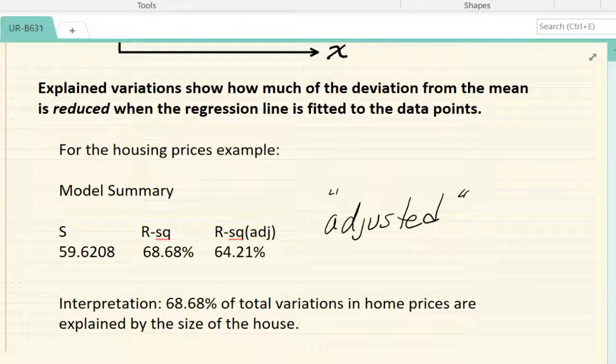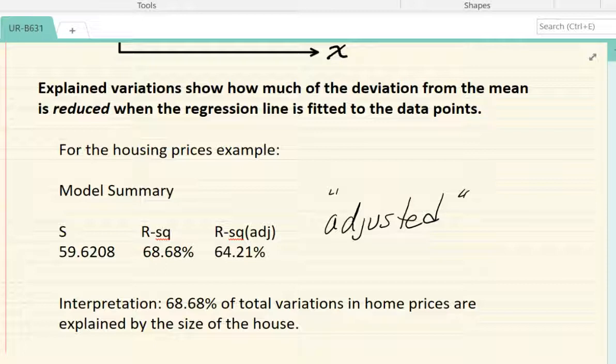That means 1 minus that will be about 30%, about 31.5. About 31% of the reason why those home prices are different, we don't know.